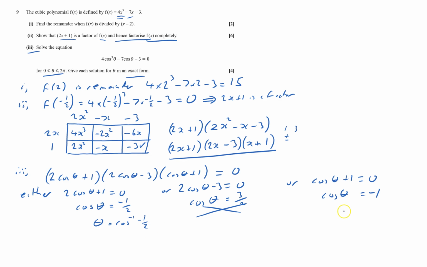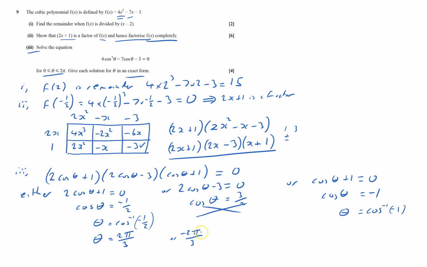That doesn't happen for the 3 over 2. Theta equals cos to the minus 1 of negative 1. And this will give me that theta equals 2 pi over 3, or minus 2 pi over 3.